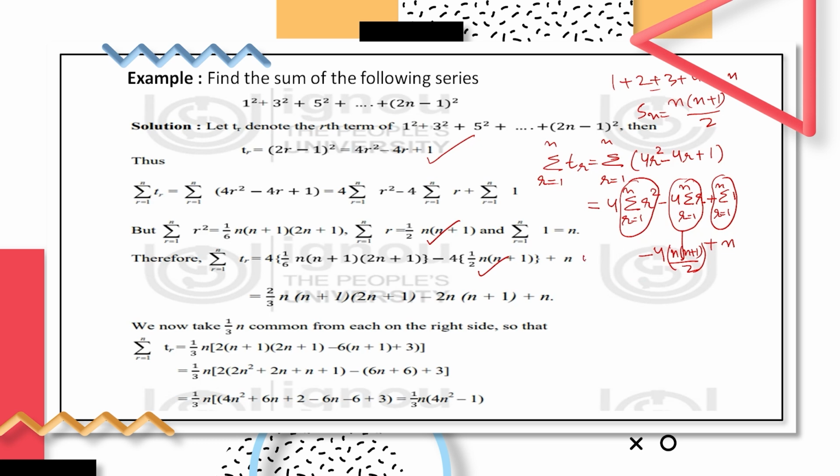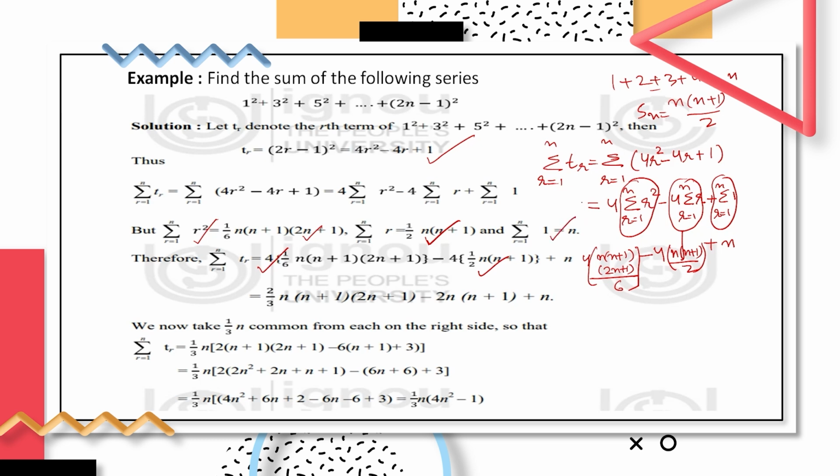So this will be 4 into n into n plus 1 into 2n plus 1 overall by 6. So this is the expression written over here. Because we are squaring the terms, that's why the sum will be given by this formula. For 1, 2, 3, 4, 5, 6, sum of n natural numbers, this formula will be used. And because we are adding 1 n times, the result will be n.